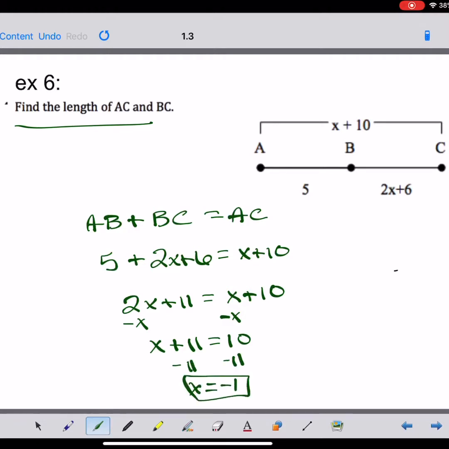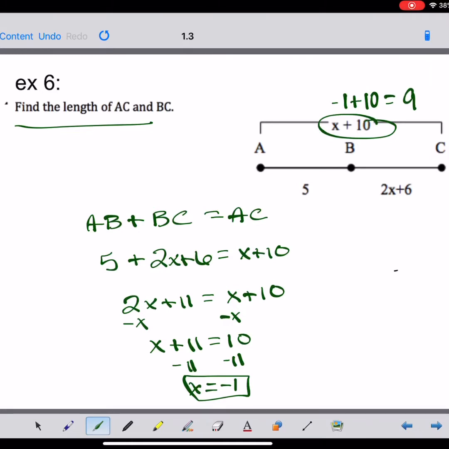Now, you might be thinking, Ms. Reschke, you taught us you're not allowed to have negatives. All right, just because x is negative doesn't mean that your lengths are going to be negative, since distances can't be negative. So they want us to find AC, which is represented by x plus 10, or negative 1 plus 10, which is 9.